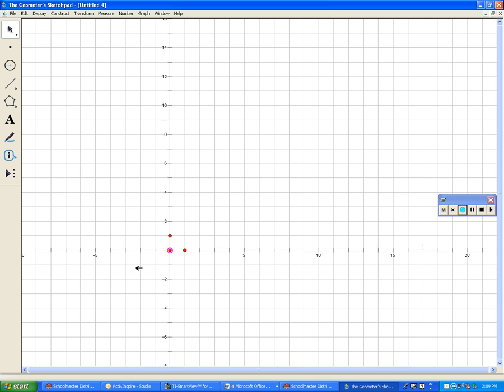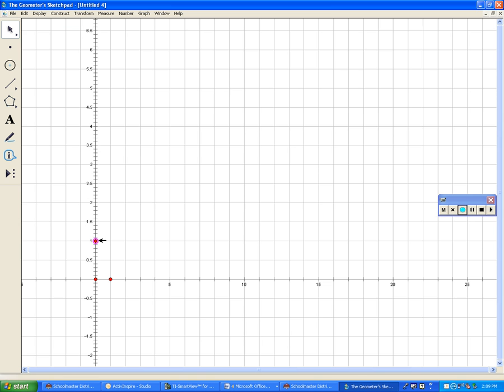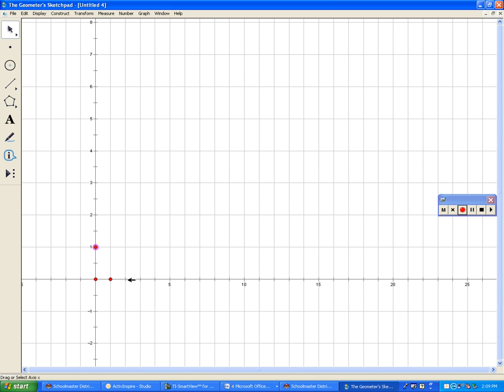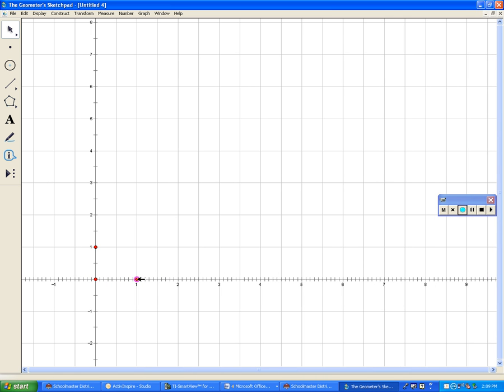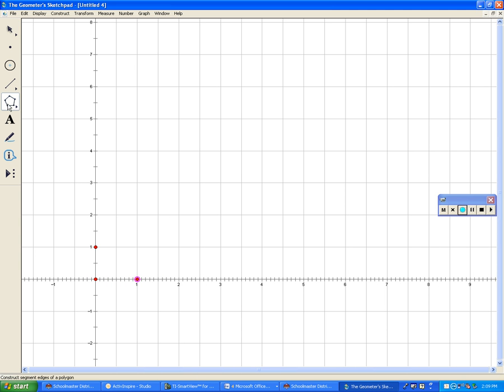So for this one, we're going to start with the shape, and now we're going to make the shape bigger. So this one is at 2, 1, 4, 1, and 1, 2. Okay? And then it says a scale factor of 2. So what do I do with all the coordinates this time? Times them by 2.